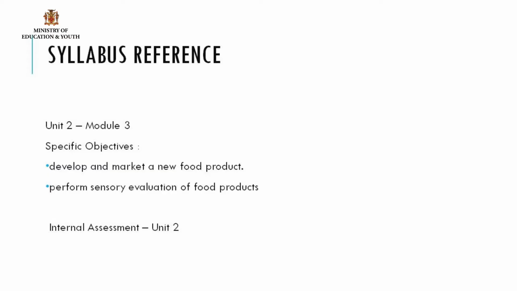Let me highlight Food and Nutrition, CAPE at the advanced level, Unit 2, Module 3. The specific objectives are: 1. Develop and market a new food product. 2. Perform sensory evaluation of foods. And of course, it is a critical aspect of the internal assessment for Unit 2. So, let's get right into it.